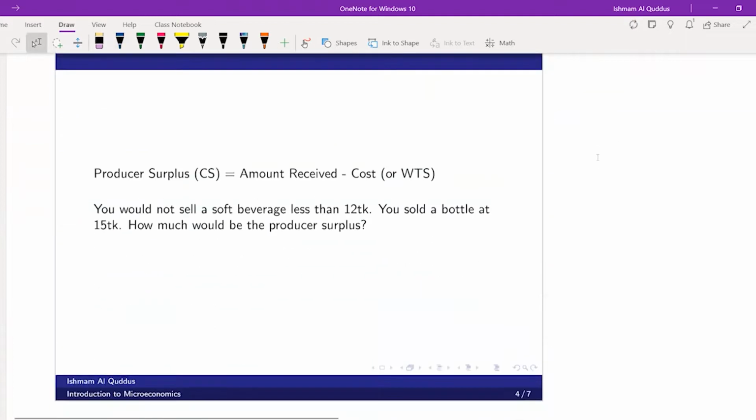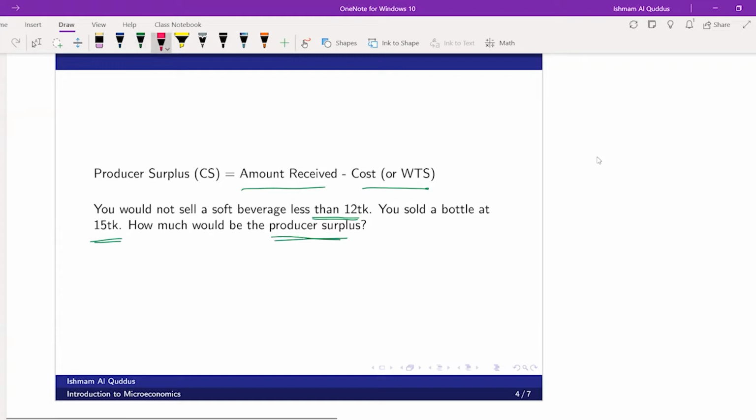Now, how do we calculate producer surplus? It's very similar to the consumer surplus one. So producer surplus equals amount received minus willingness to sell. So cost or willingness to sell is the same thing here. Now look at this example. You would not sell a soft beverage, let's say Coke, for less than 12 taka. So you sold a bottle at 15 taka in the market. How much would be the producer surplus?